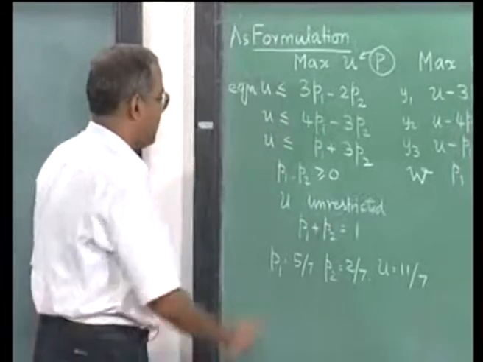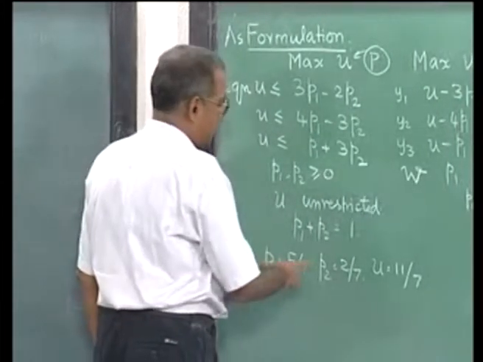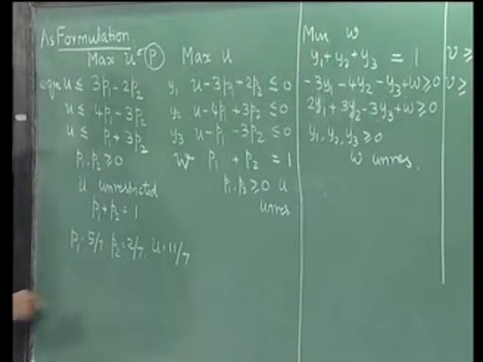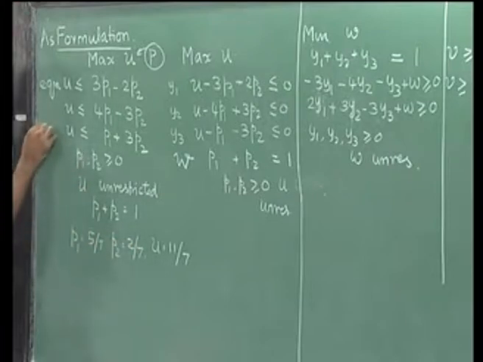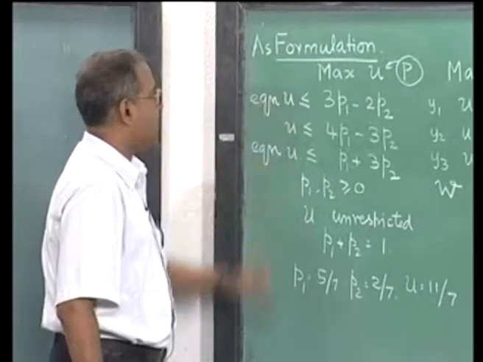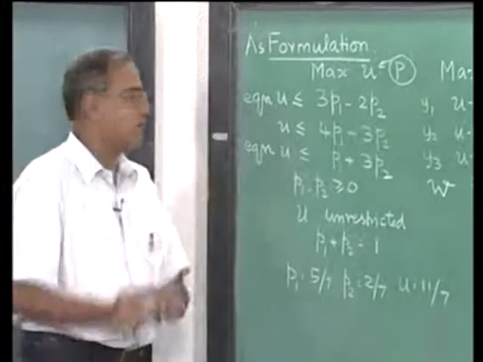4p1 minus 3p2 is 20 minus 6, 14 by 7, which is not solved as an equation, and p1 plus 3p2 is solved as an equation equal to 11 by 7. So these two are solved as equations, which means the corresponding variables will be the basic variables.